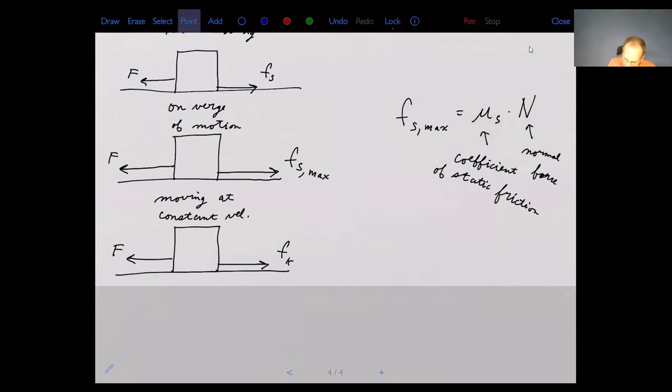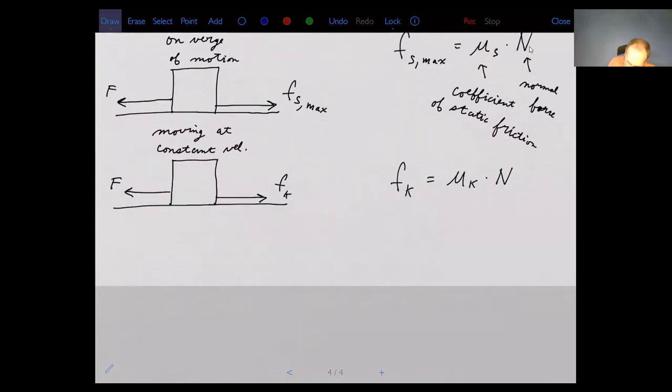And then for the kinetic frictional force, there's a similar relation, except it has its own coefficient called mu k times the normal force. And this mu here is called the coefficient of kinetic friction.